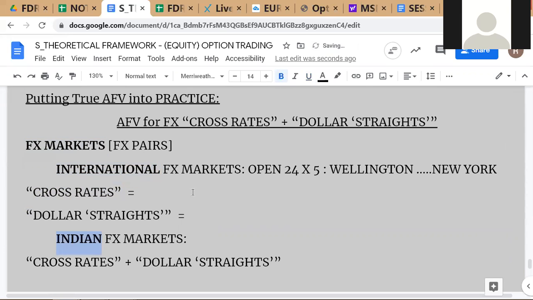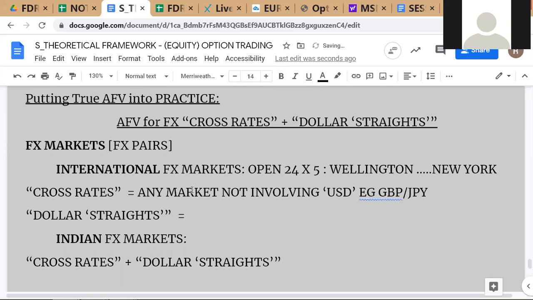All right. So what do cross rates mean in an international market? Any market not involving USD. So a cross rate example would be sterling yen, or euro sterling.